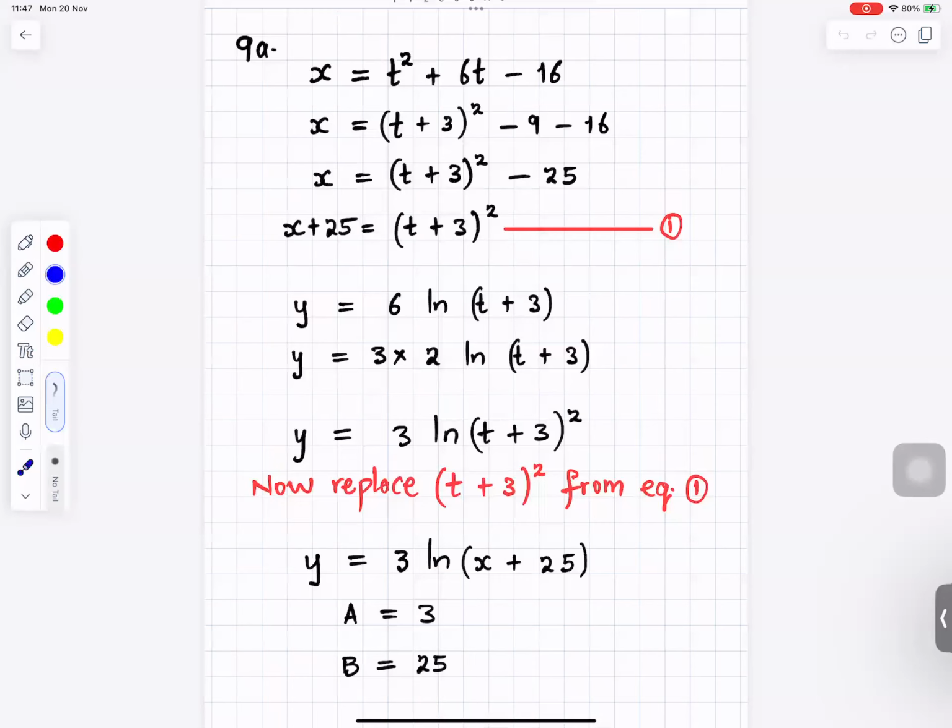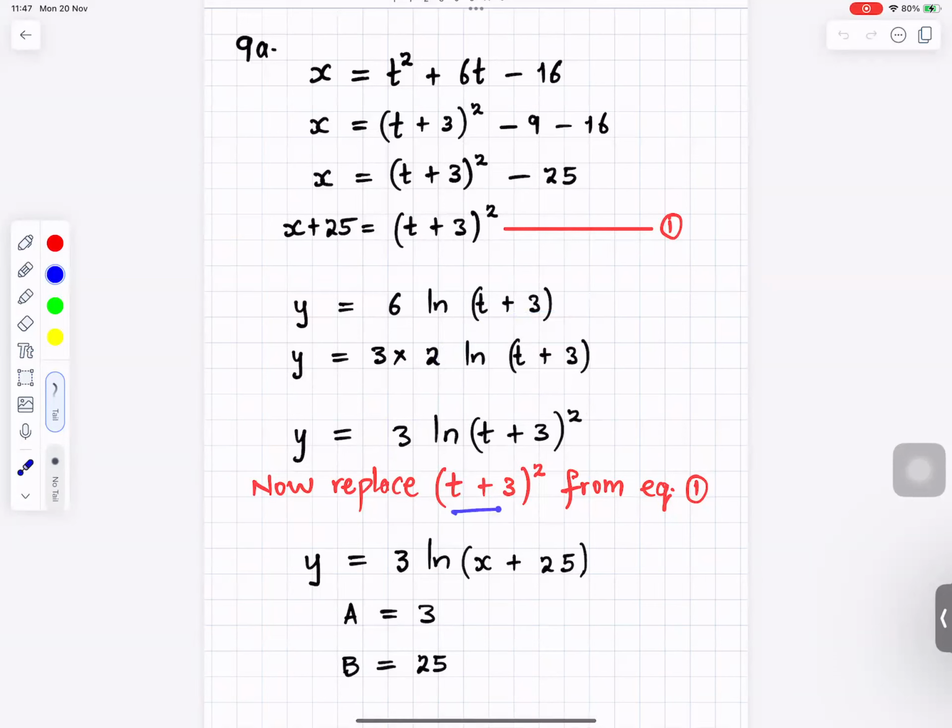Now in the next one, y equals 6 ln(t plus 3). You replace this t plus 3 with x plus 25. 6 is the same as 3 times 2, so it's 3, and then the 2 goes to the power at the front: 3 ln (t plus 3) squared.